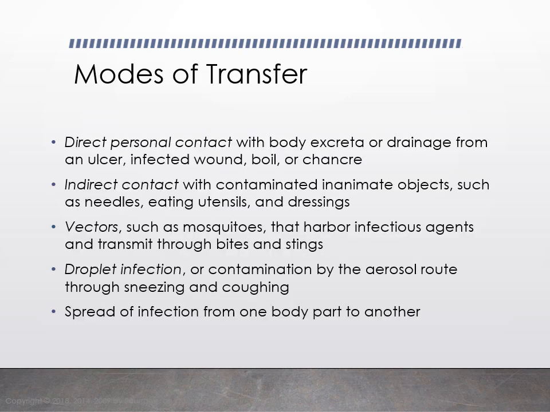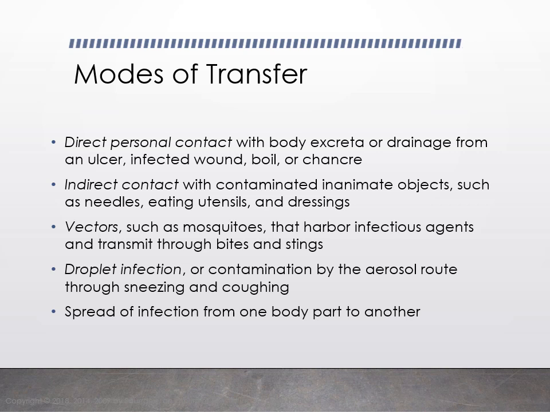Modes of transfer. This is another link in our chain of infection. For modes of transfer, we have direct personal contact, indirect contact, vectors, as well as droplet infection. Direct personal contact with body excreta or drainage from an ulcer, infected wound, or a boil are all examples of direct personal contact. This is how a transfer would be made.